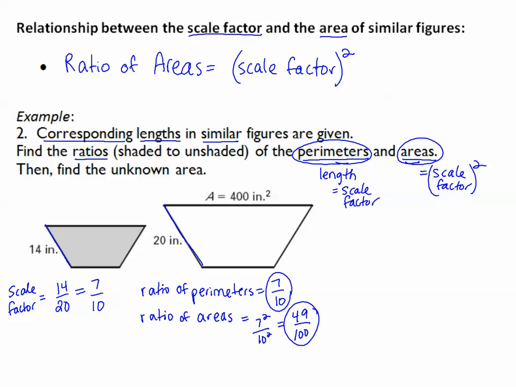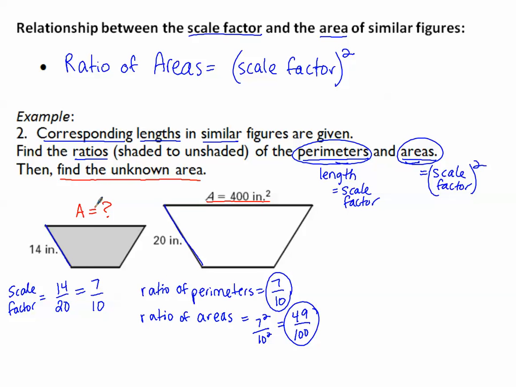Now we can use it to find the unknown area. We do that very similarly to how we find a missing length. In this one, the area we don't know. It's unknown. In this one, we know the area, 400 inches squared. So let's make a ratio out of unknown area to known area.